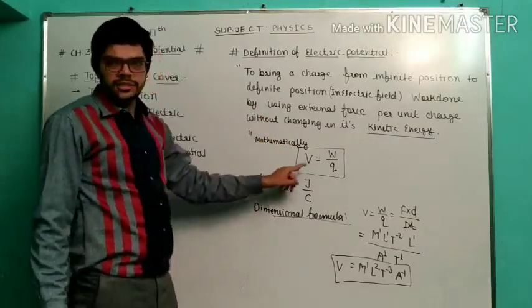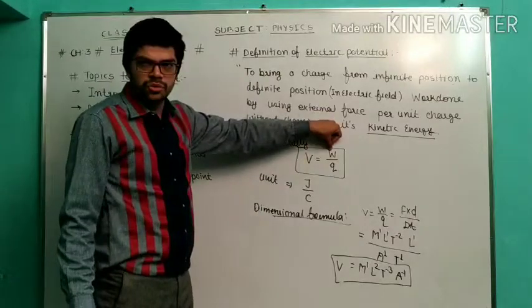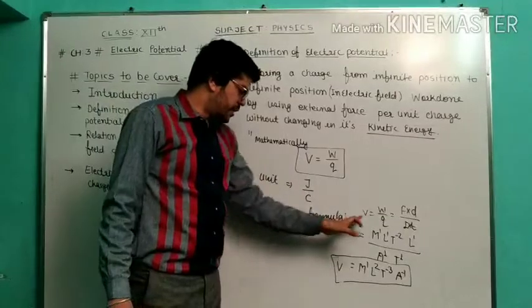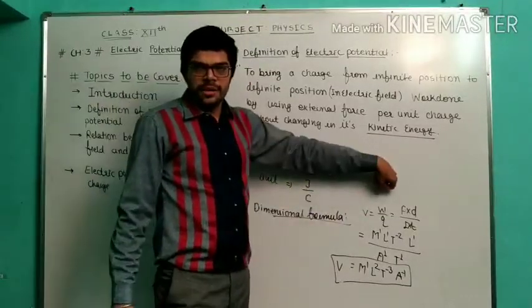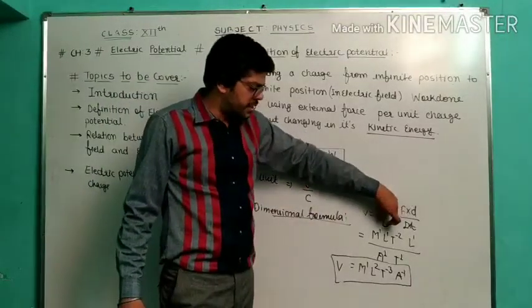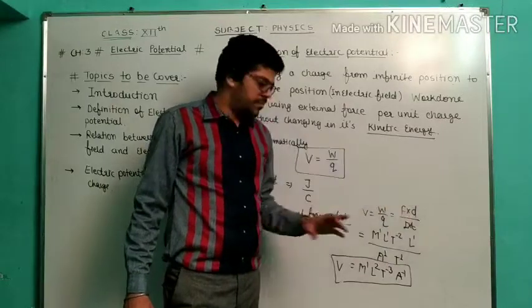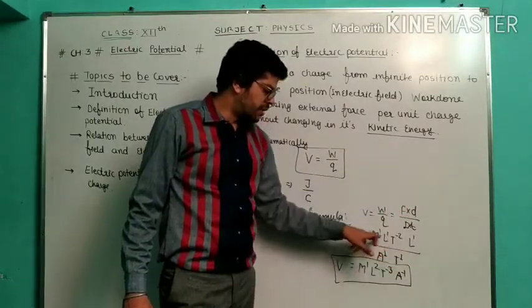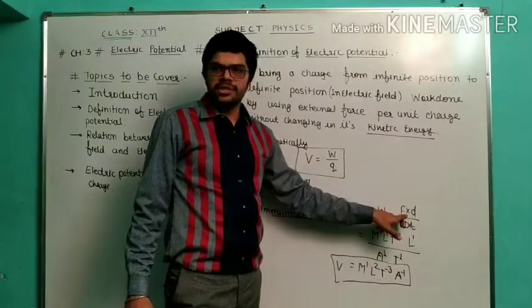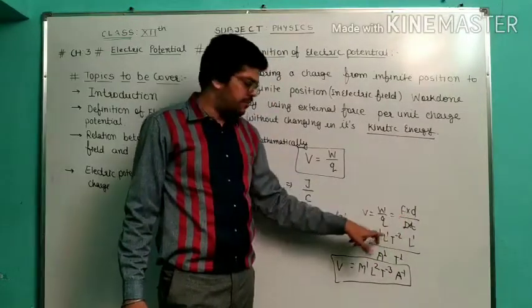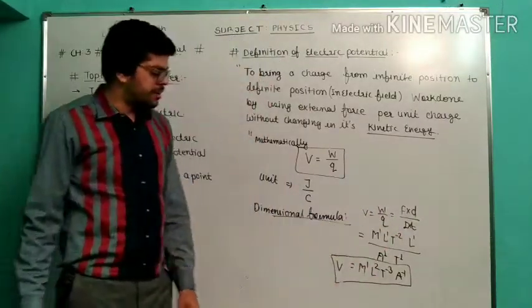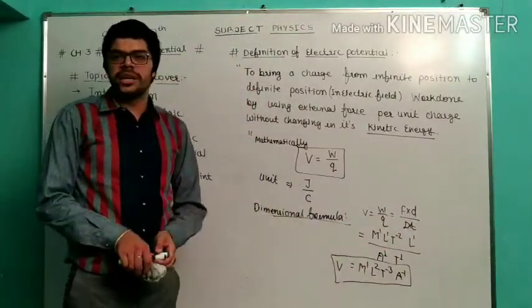The unit is joule per coulomb because the unit of work is joule and the unit of charge is coulomb. For the dimensional formula, W is equal to force into displacement and charge is equal to current into time. Force dimension you already studied in the 11th class, M1 L1 T minus 2, and L to the power 1. So finally we got the dimensional formula M1 L2 T minus 3 A to the power 1.